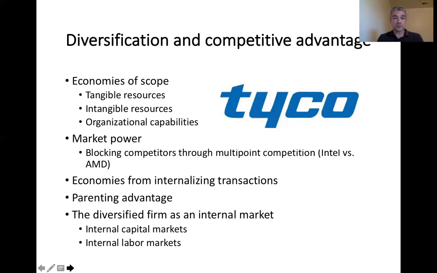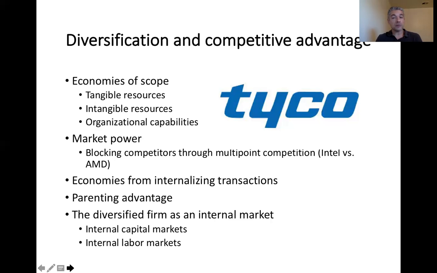So they would strategically analyze many companies across different industries to find those that, in their words, were fat, dumb, and happy. They would acquire those companies and try to turn them around, restructure them, make them more effective, more efficient, and then would either keep them or sell them off with a substantial markup, right?